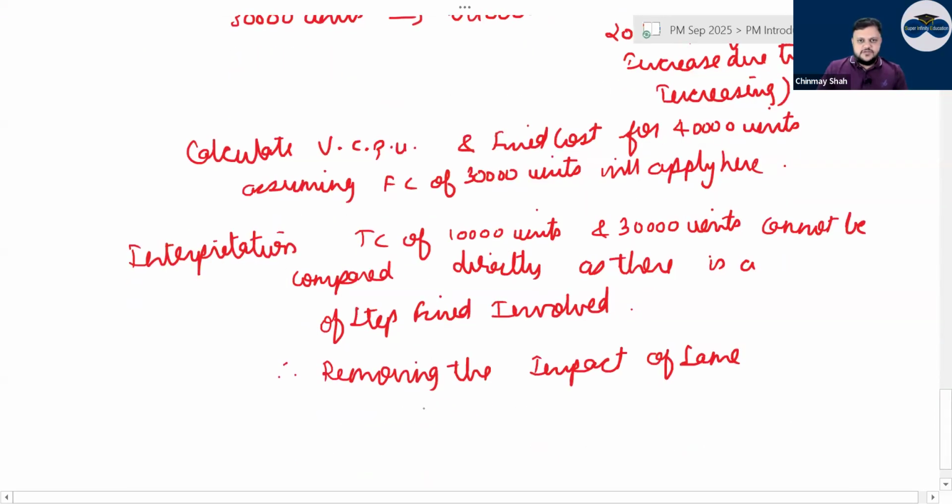So how do you remove? 640,000 minus 20,000? 620,000.